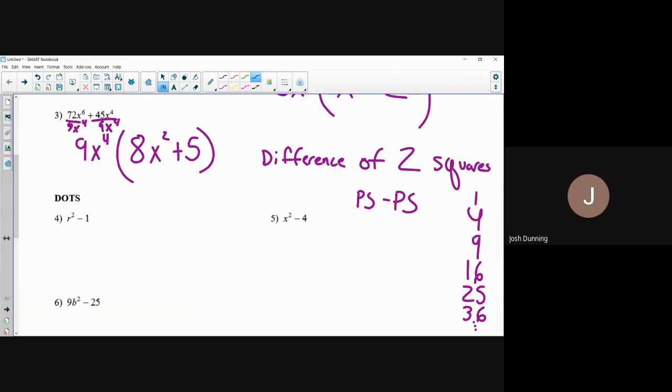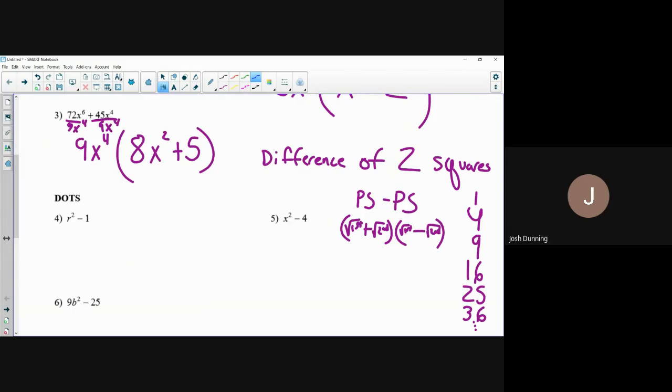Now, people usually remember this from algebra, this part of it. One gets a plus, the other gets a minus. You take the square root of the first, and that goes first in both. Then the square root of the second goes second in both.